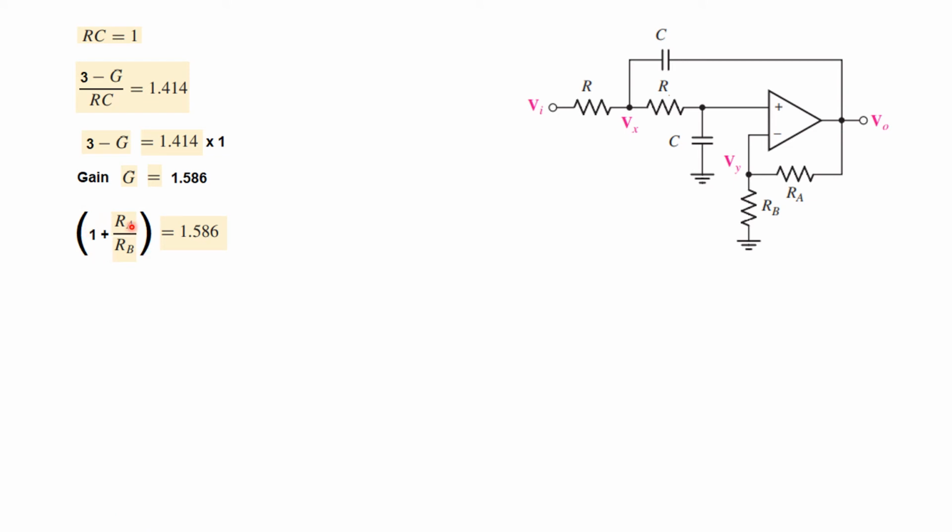This is the gain of the operational amplifier. So the gain is 1.586, and from here we can find the value of RA over RB to be 0.586, and if we assume RB to be 1 kilo, then RA will be 586 to satisfy this relation.